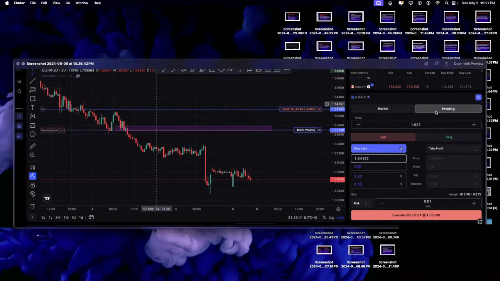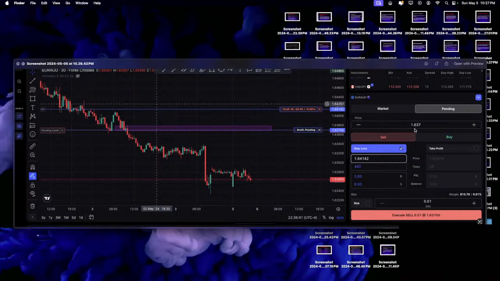Okay, so we want to hit pending order, and for the pending price, this is what you'll type in. This number right here, 1.637. You didn't have to put 00 because it's only 0, so they read it as the same thing.